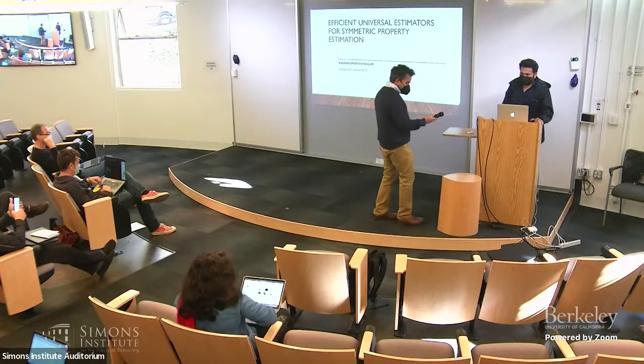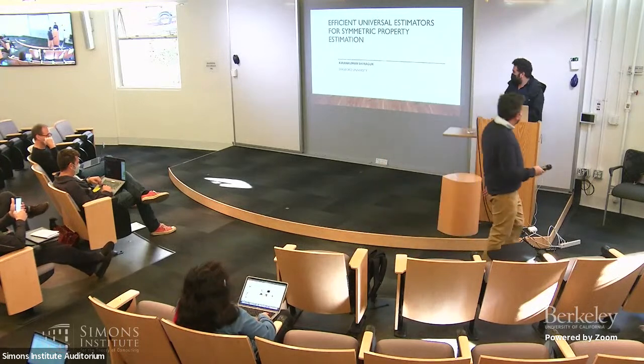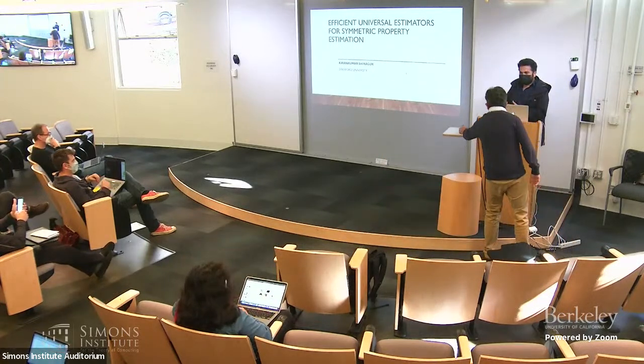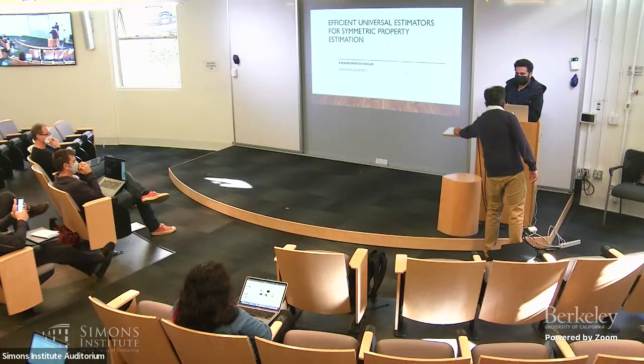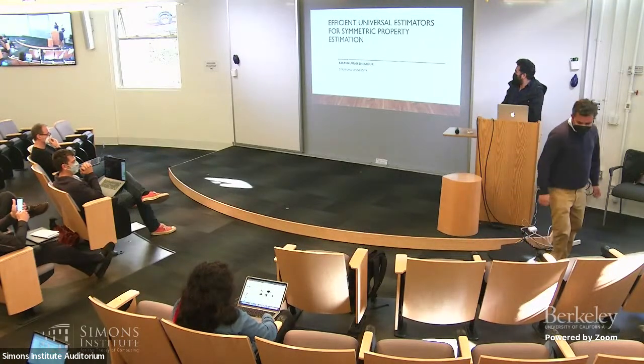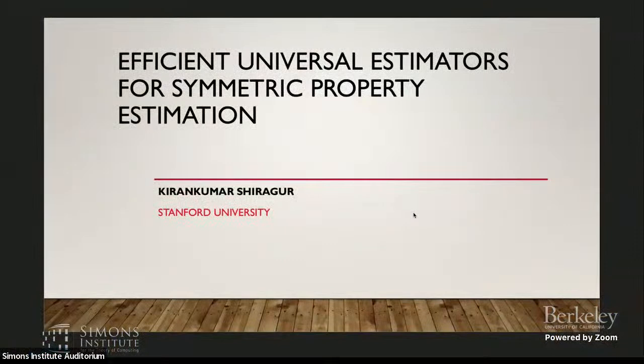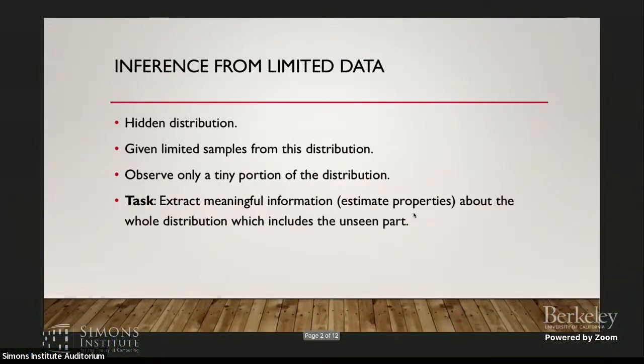Hello, everyone. Today I will provide a brief overview of our work on designing efficient universal estimators for the task of property estimation. The setup for this problem is that you have some hidden distribution and you have limited samples from this distribution.